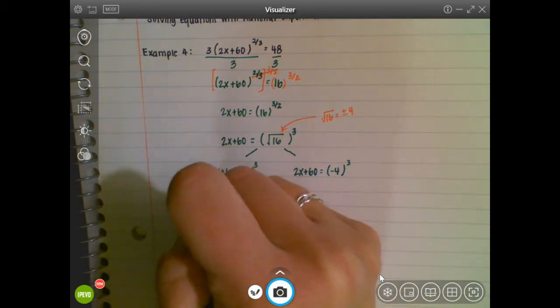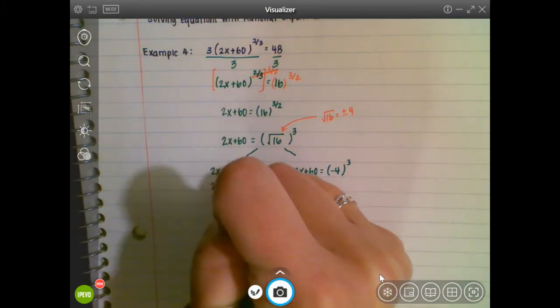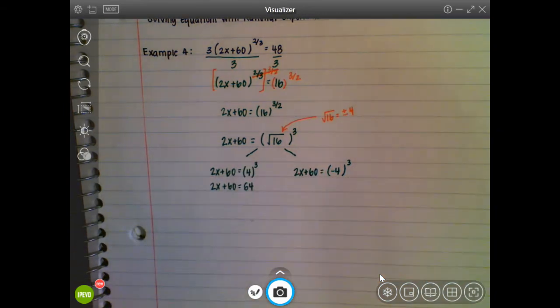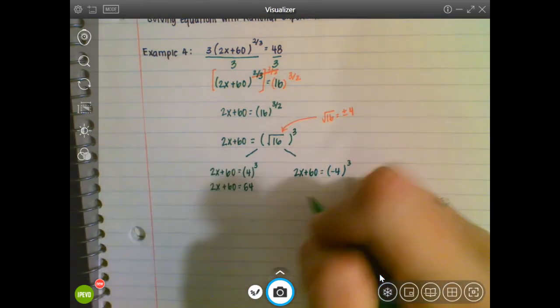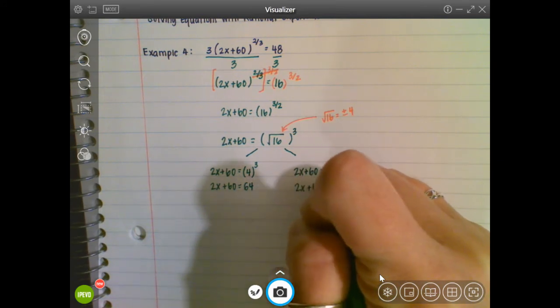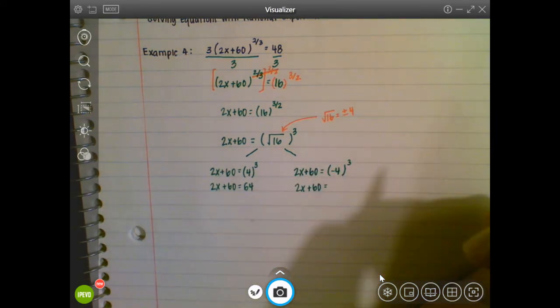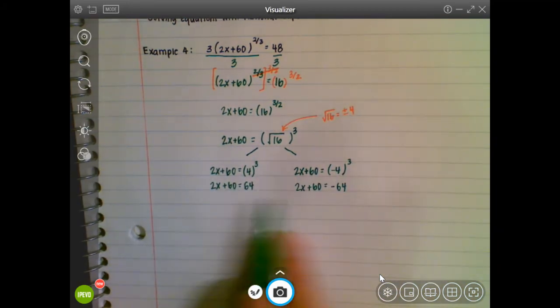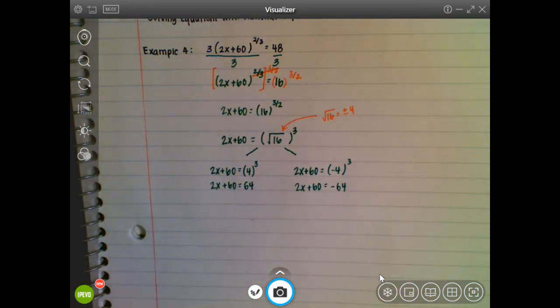So if I raise positive 4 to the third power, that's going to give me a positive 64. If I go over here and use the negative 4 raised to the third power, well, that's really asking me to do negative 4 times negative 4 times negative 4, which is going to be a negative 64. So you'll notice that we have two different equations going on here, which is going to give us two different possible values of x.